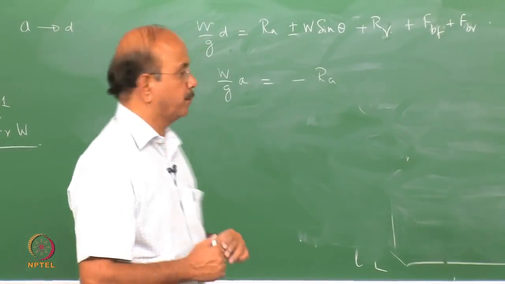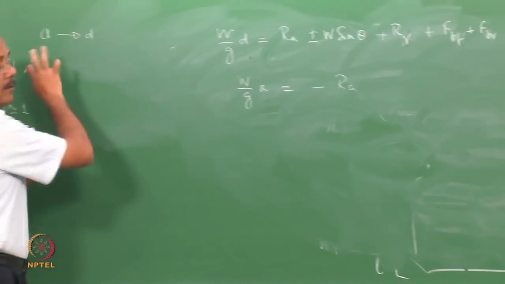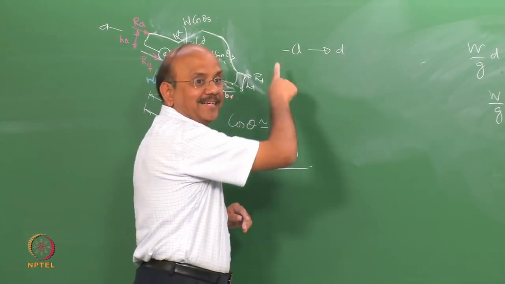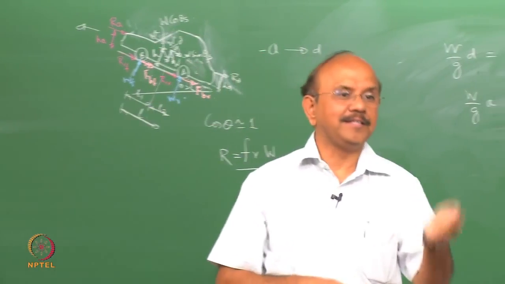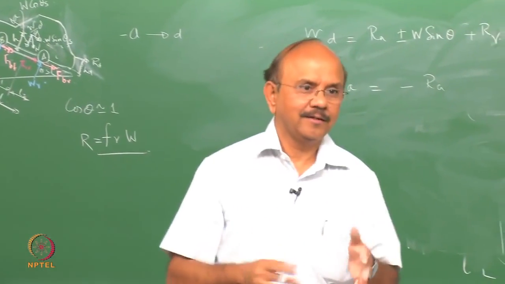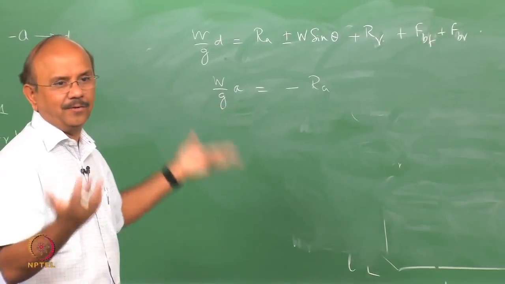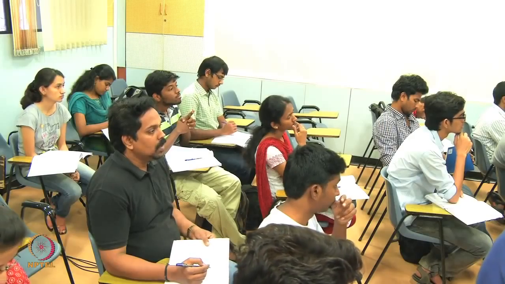You are replacing a with D? No. Please note that minus a is what I am replacing with D. I said I won't use the symbol a, but I'll use D. D is equal to minus a. The symbol D indicates deceleration. Obviously, it is minus a. There are no questions about it.